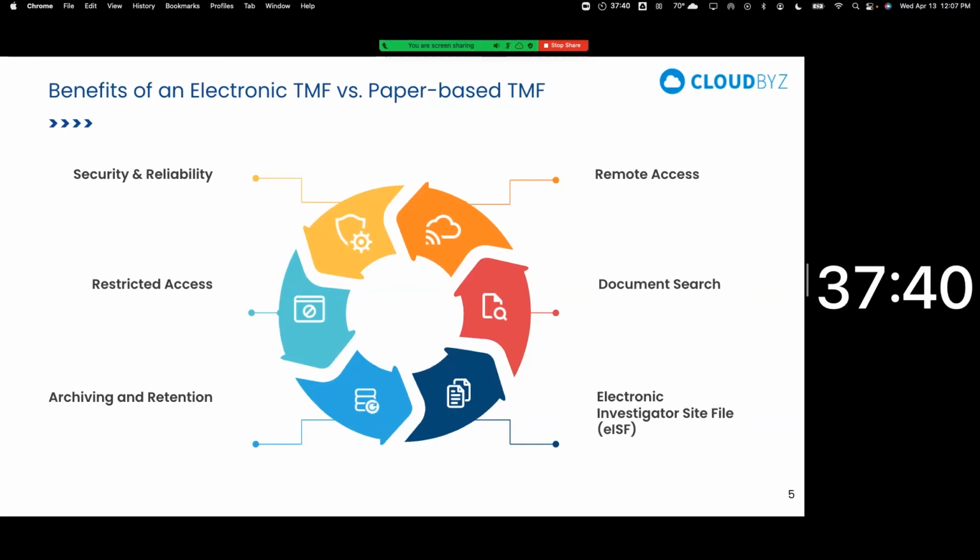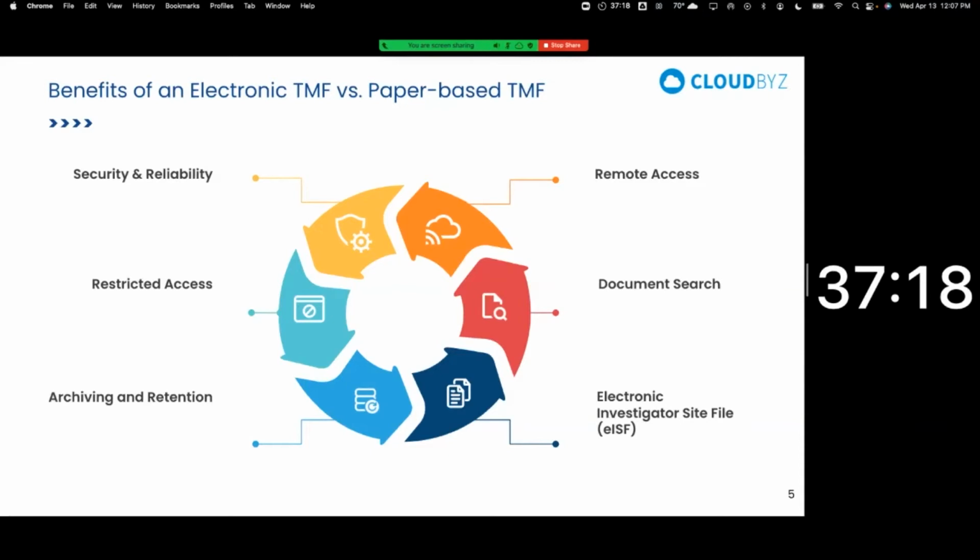Are there any proper locks in place? What risks are there from unseen circumstances like water leaks or even fire or even pest infestation? All those circumstances could happen. With electronic eTMF, now you have user accounts, you have secure passwords for users, you have a system in place that protects individual documents or even the entire eTMF.